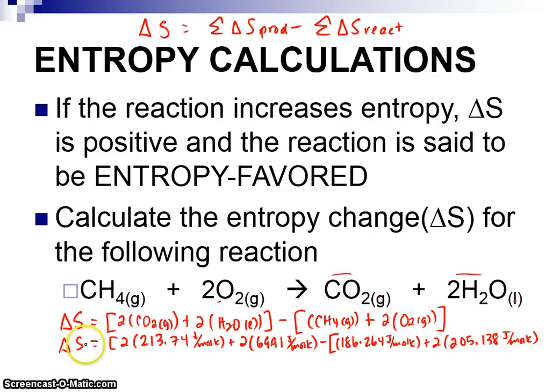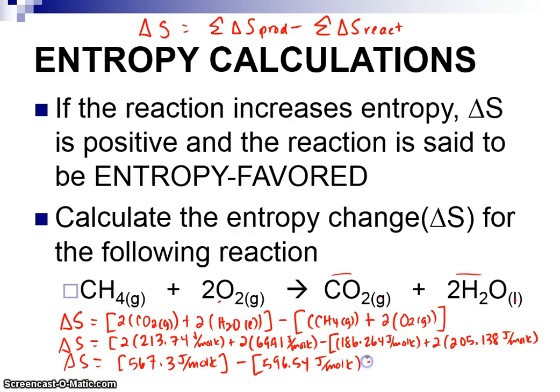This ends up being, when I simplify, delta S is equal to, everything in this bracket ends up being 567.3 joules per mole Kelvin minus everything in this bracket ends up being 596.54 joules per mole Kelvin.